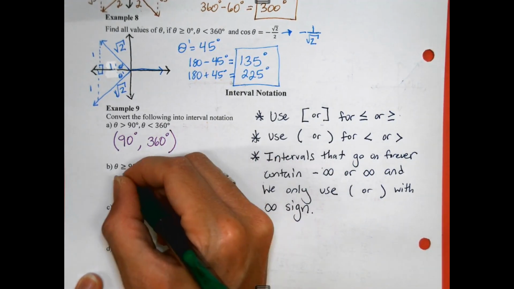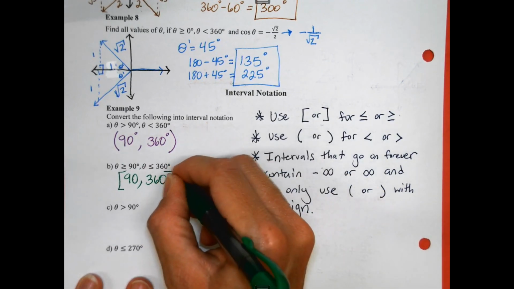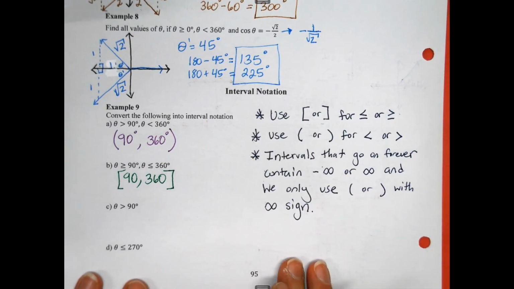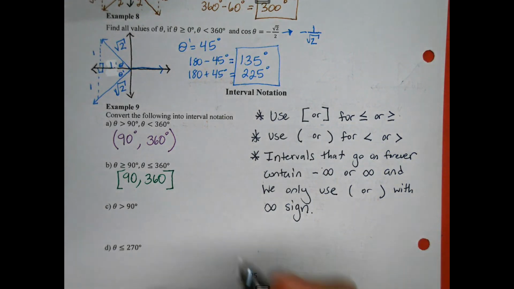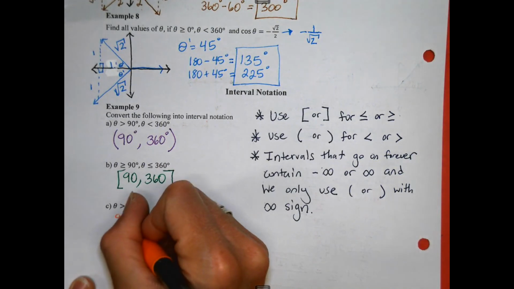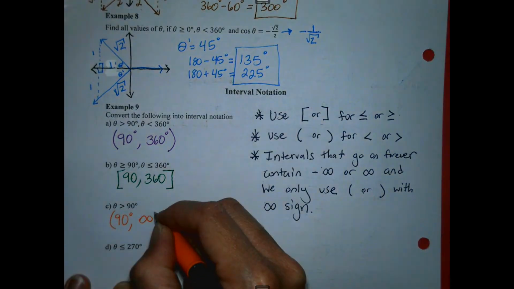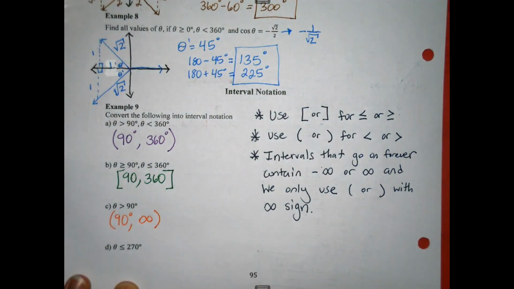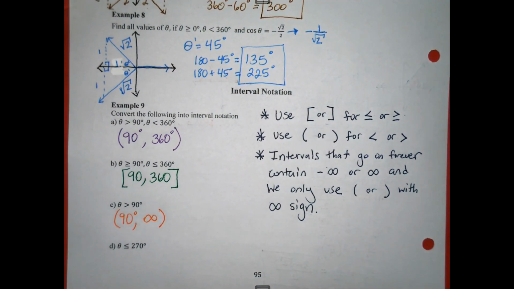Since it is equal to 90, we put a bracket, and equal to 360, we put a bracket. For C, we're talking about things that are greater than 90. So the smallest it could be is 90, and it goes all the way up to infinity. So we are going to use parentheses on either end, since it's not equal to either of those things.